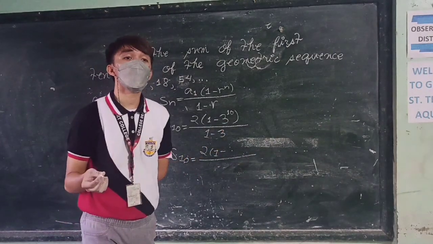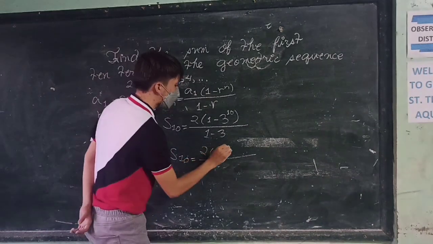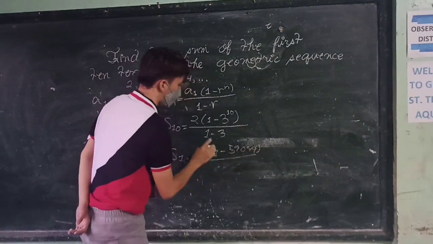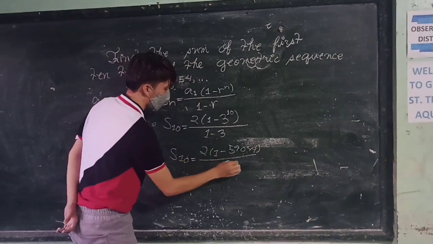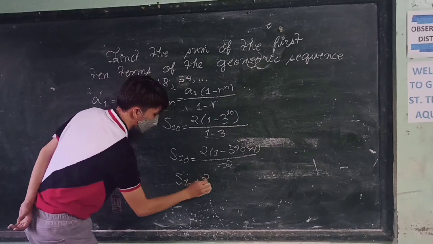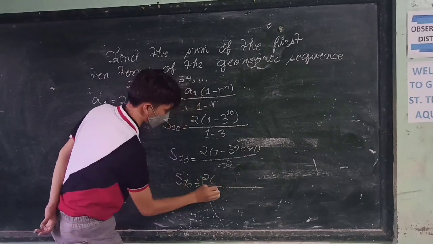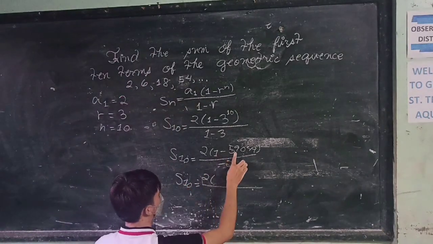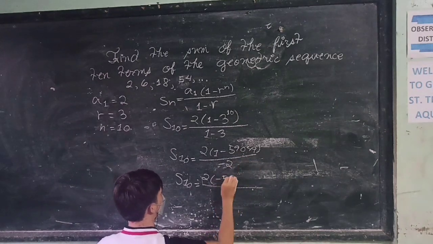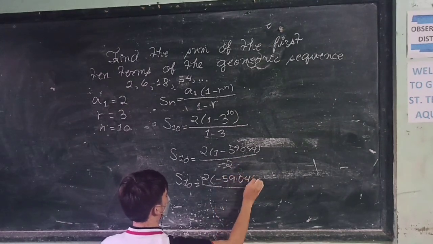3 multiplied by itself 10 times is equal to 59,049. 1 minus 3 is negative 2. 1 minus 59,049 is equal to negative 59,048.